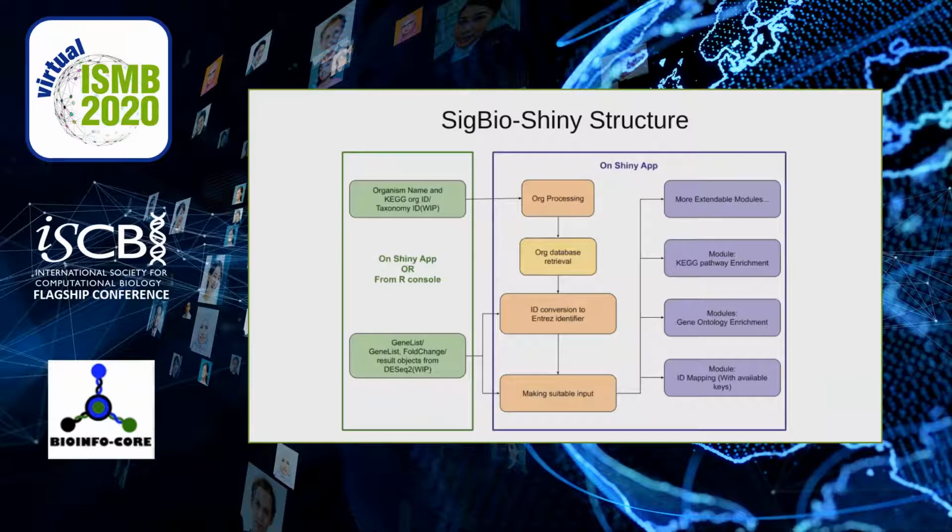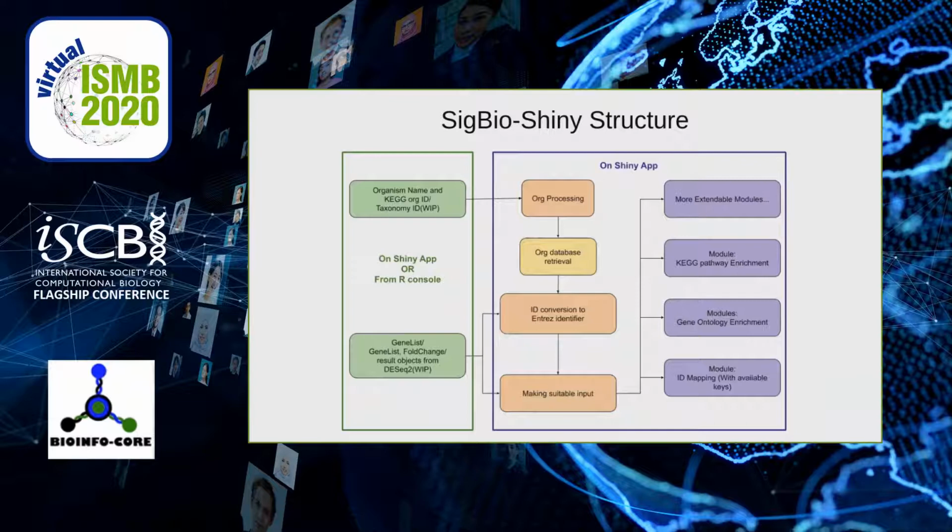So this is how the SickBioSigny structure looks. There is an input component and a processing component. You input your organism name or KEGG ID, and your gene list along with fold change, which is completely optional.